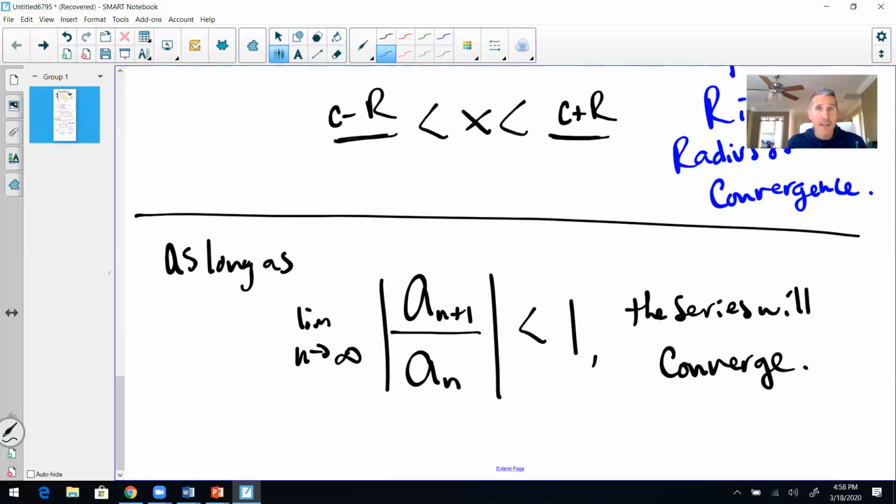And again, this does not take into account the endpoints, but like I said, we'll get to that later. So basically, this is the ratio test.